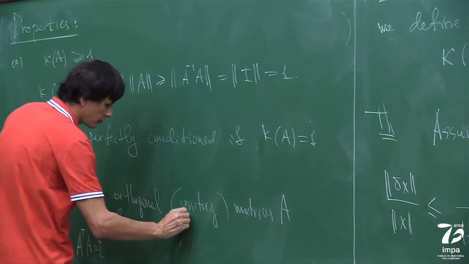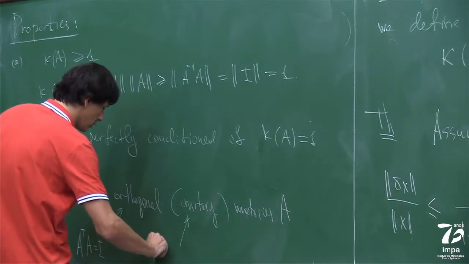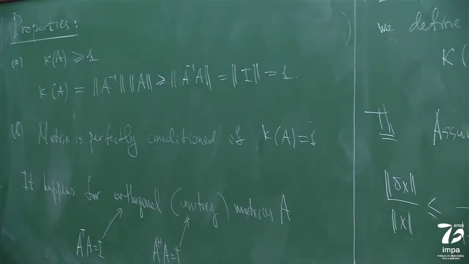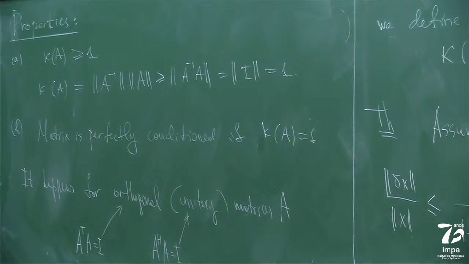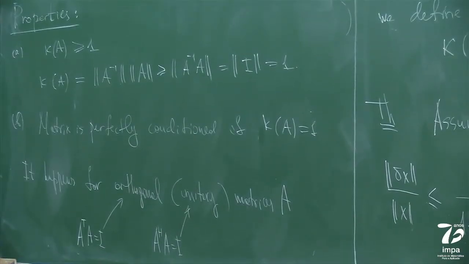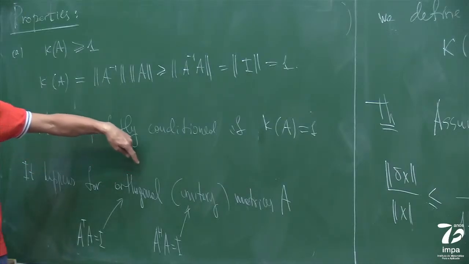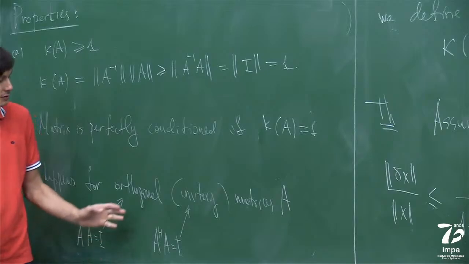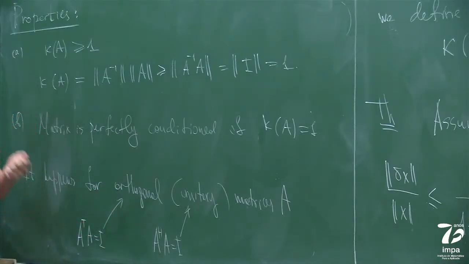And unitary means that A Hermitian A equals identity, so the Hermitian transpose coincides with the inverse. The meaning of orthogonal matrices is that an orthogonal matrix is essentially a rotation or reflection.